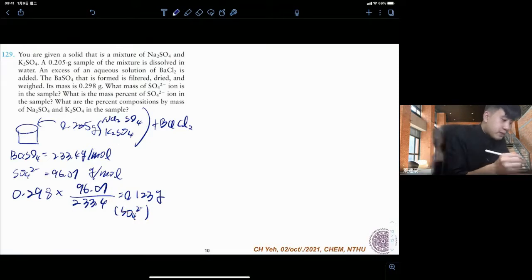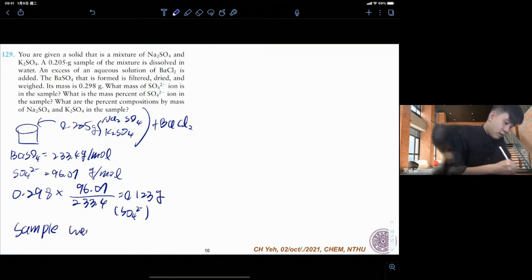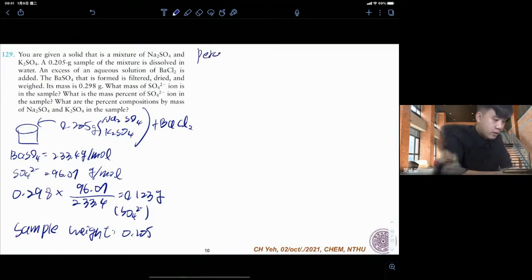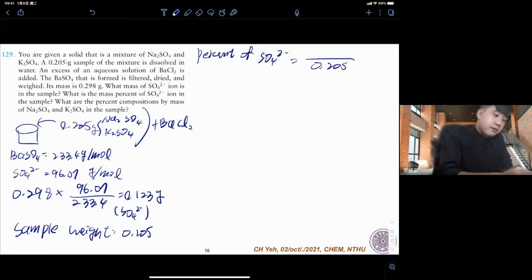So the percentage inside the sample, the composition, is 0.123 over 0.205, which is 60%.